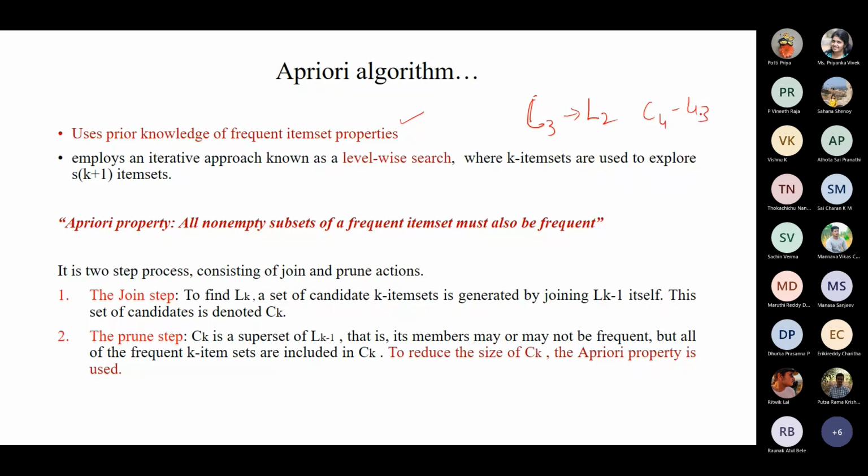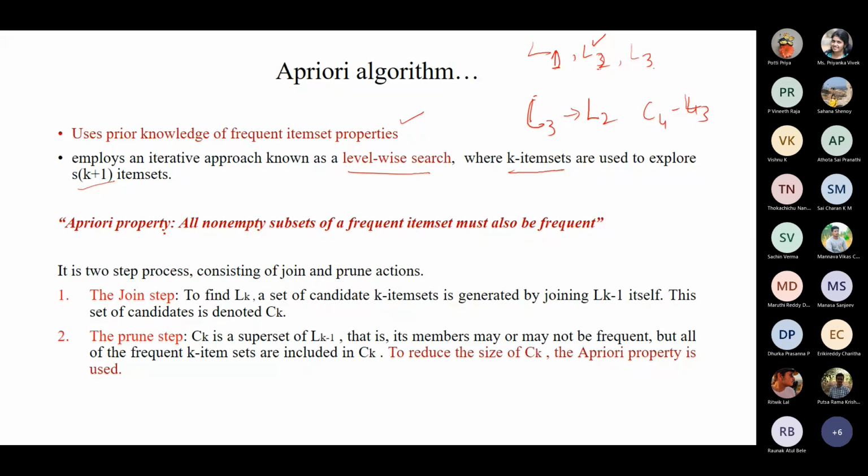Next, it employs an iterative approach known as level-wise search, where k item sets are used to explore k plus 1 item sets. L1 is used to derive L2. L2 is used to derive L3, and so on.